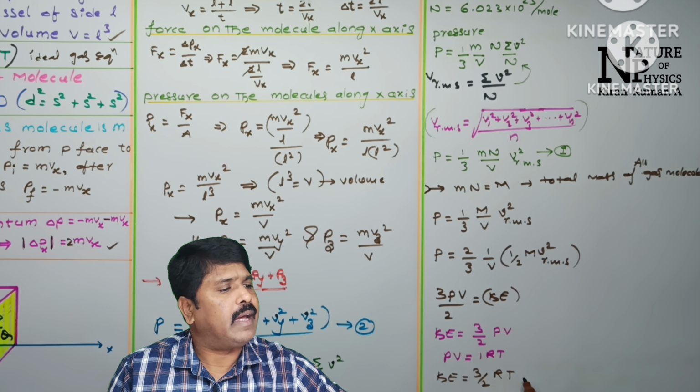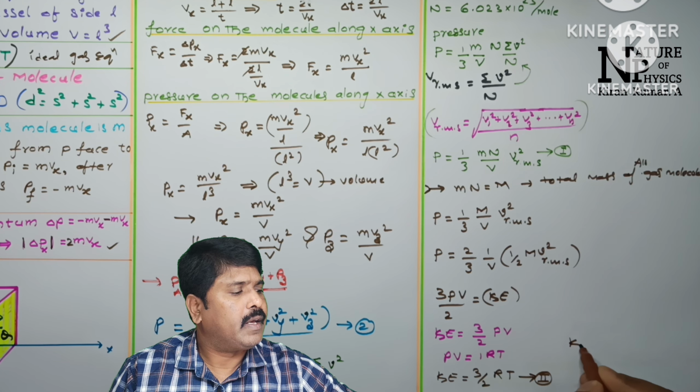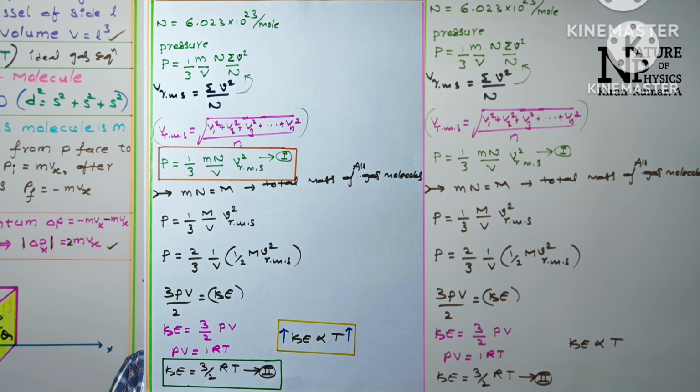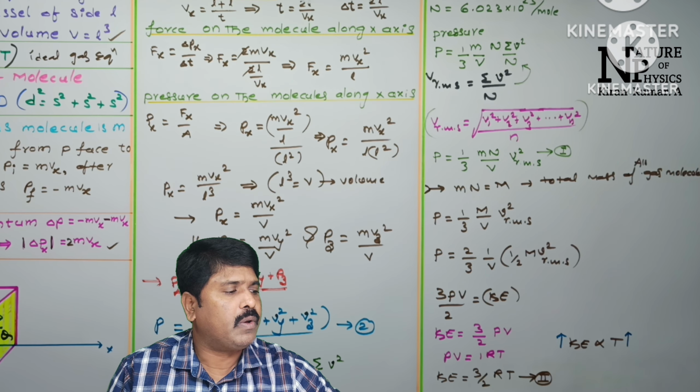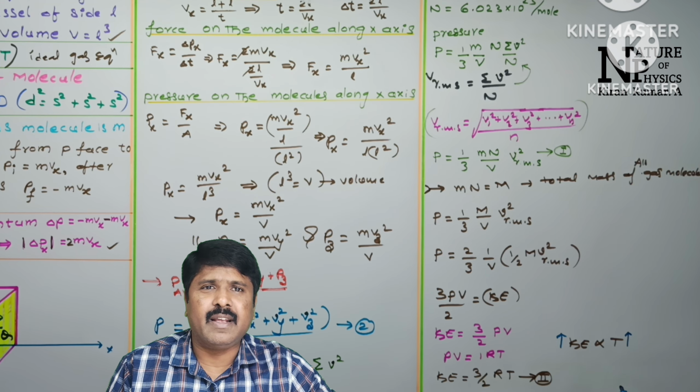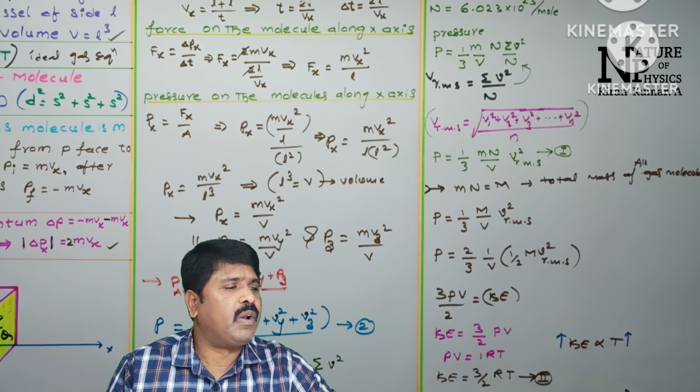This I can write as equation number 2, student, in Roman numerals. And also kinetic energy is directly proportional to the temperature. So whenever the temperature of the gas molecules increases, then the kinetic energy of the gas molecules also increases. This is the relation between the kinetic energy and temperature of the gas molecules.